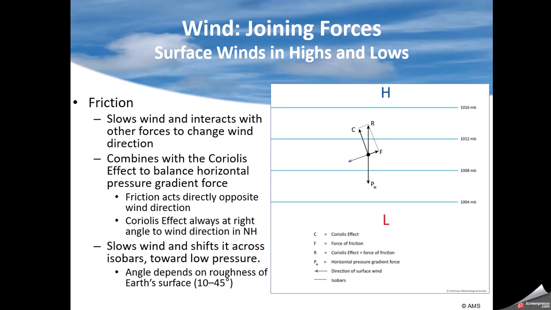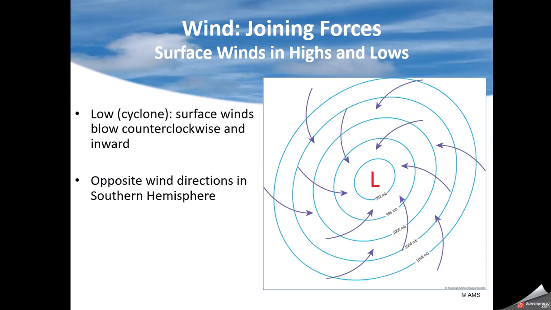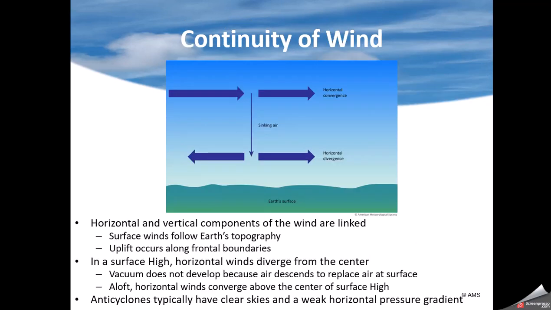So you wind up going towards low pressure and away from high pressure. This is a balancing act again in the lower levels of the atmosphere where friction plays a role, and you can see it on any cyclone.